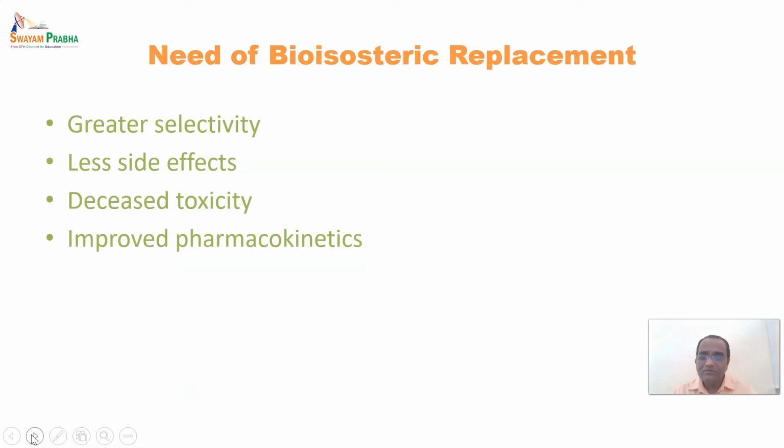After that, improved pharmacokinetics. This is an important point, because by improving the pharmacokinetics of a drug, its activity increases. One example we discussed in an earlier lecture is ciprofloxacin, a drug from the fluoroquinolone class.